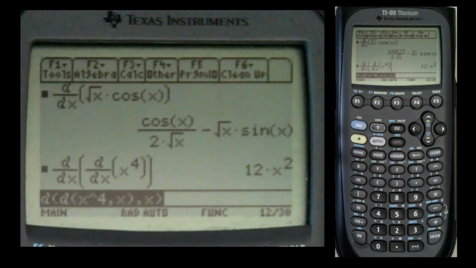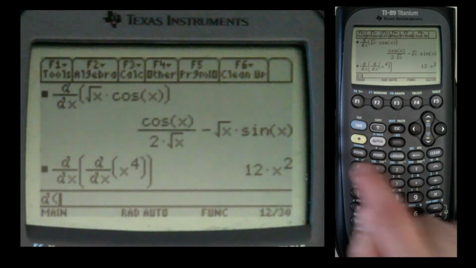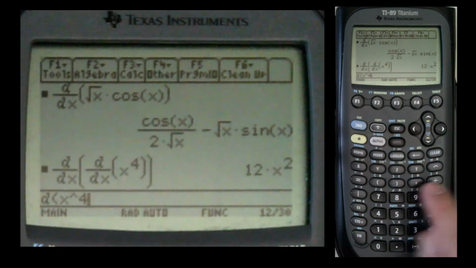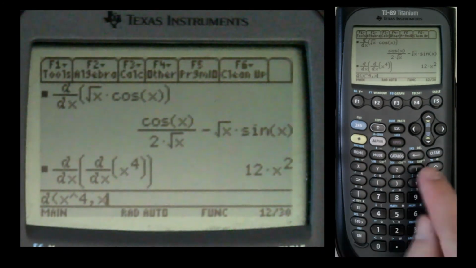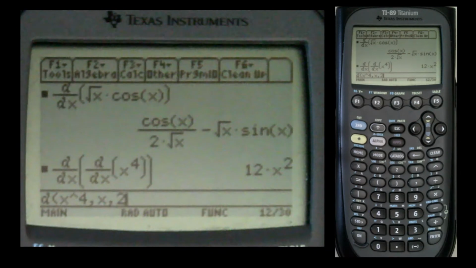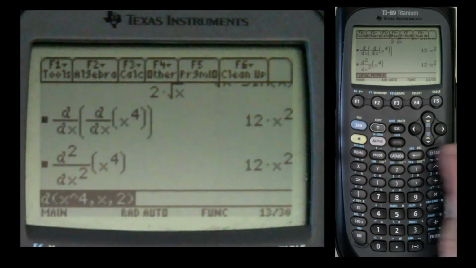And you can see that that is the derivative of the derivative. But there's a shortcut. If I just do the derivative of x to the 4th, and I tell it the variable, I can add another entry into this function, and I can say take the second derivative, so I'll use a 2 for the second derivative, close those parentheses, and you can see that that comes up as d squared dx squared of x to the 4th, which gives us the second derivative.